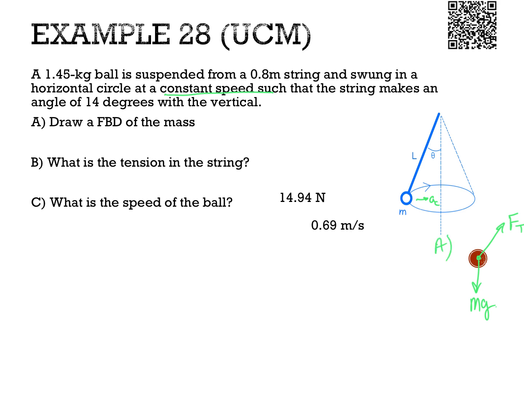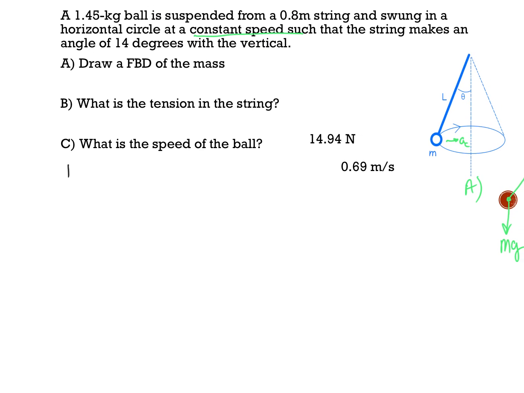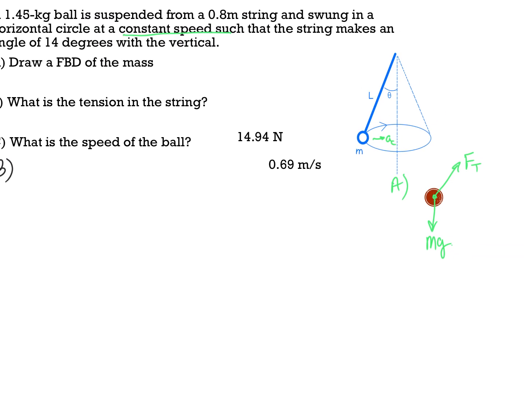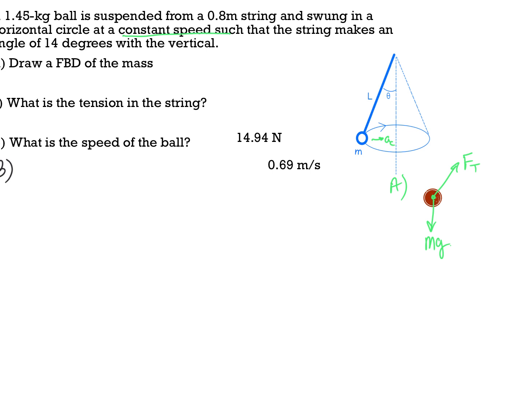Now let's do B. What's the tension in the string? Well, the tension in the string is only going to be the portion of the tension that is towards the center of the circle, because that's what we know. Or at least we can find that piece of it. So if we take this and draw it here, we've got this theta up here. That tells me the component here is going to be F sub t sine theta.